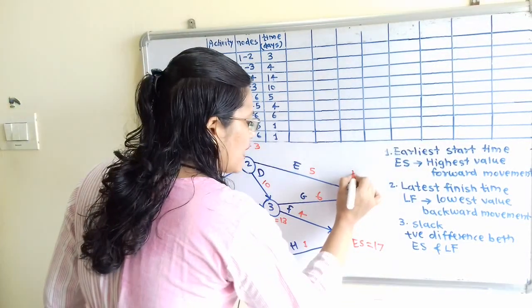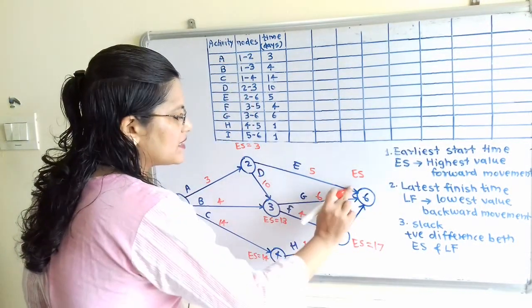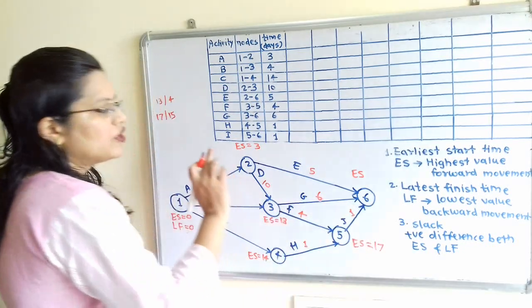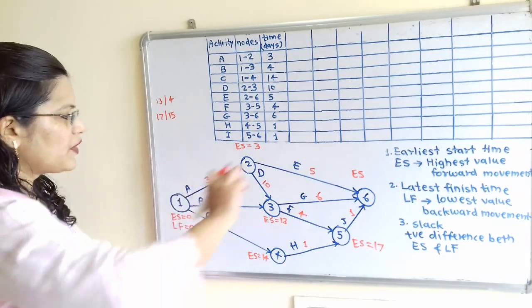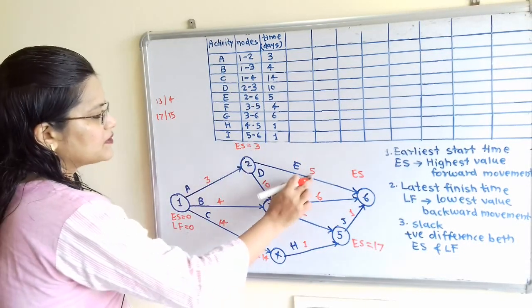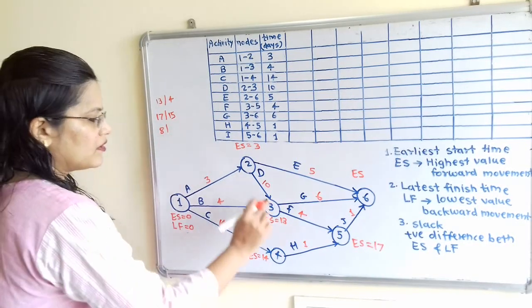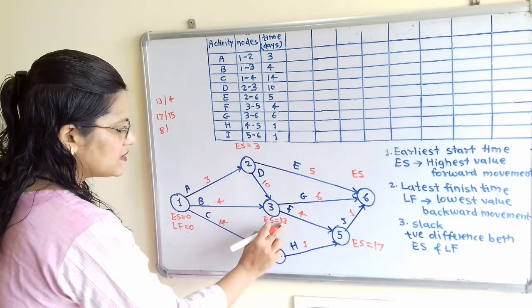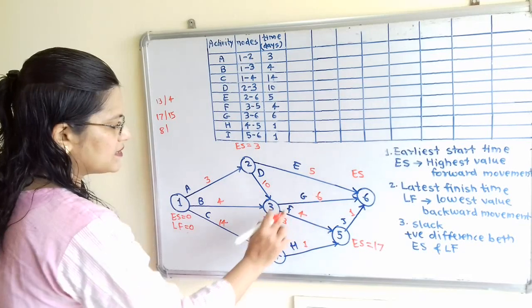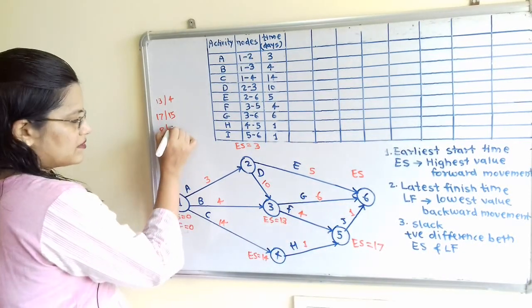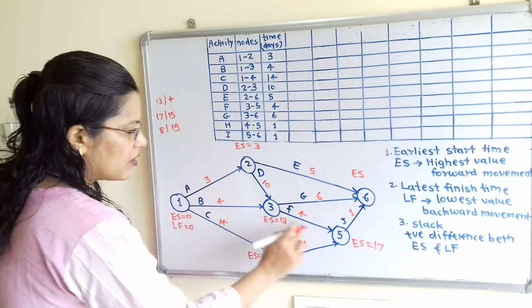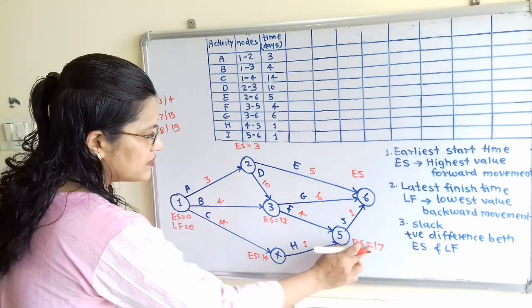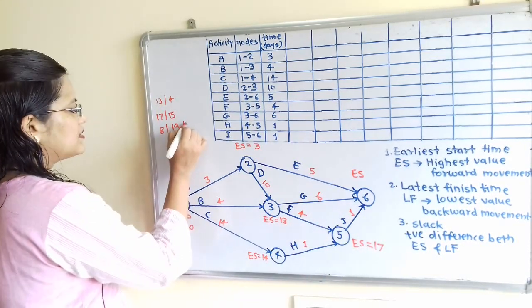The last node is node 6. Here there are three incoming arrows, so there are three options. The first is 3 plus 5, that is 8. Then from node 3 it is 13 plus 6, that is 19. The third option is 17 plus 1, that is 18.